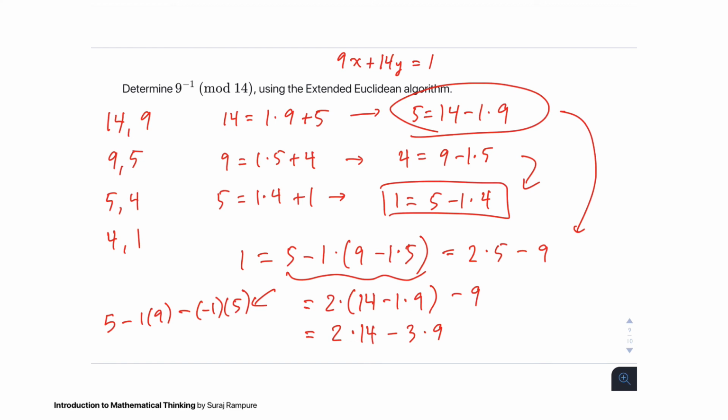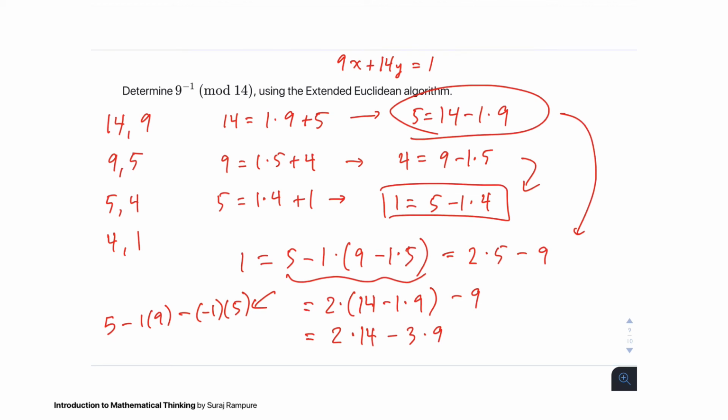Is that clear? So I'm just distributing the negative 1. Okay? And what's negative 1 times 5? Well, that's just negative 5. So I have 5 minus 9 minus negative 5. Well, that's just 2 5s minus 9.